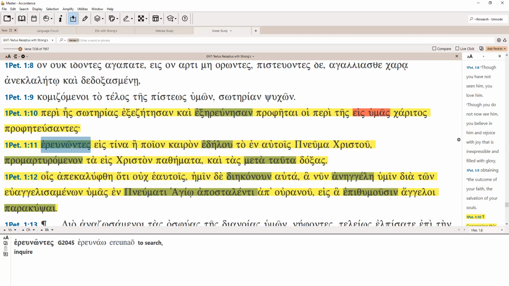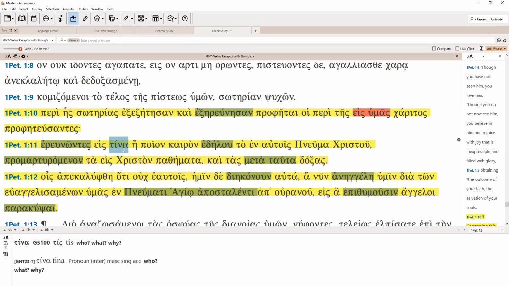So here we have ereunontes. So searching eis tina, searching into or searching for tina, which is an interrogative pronoun.